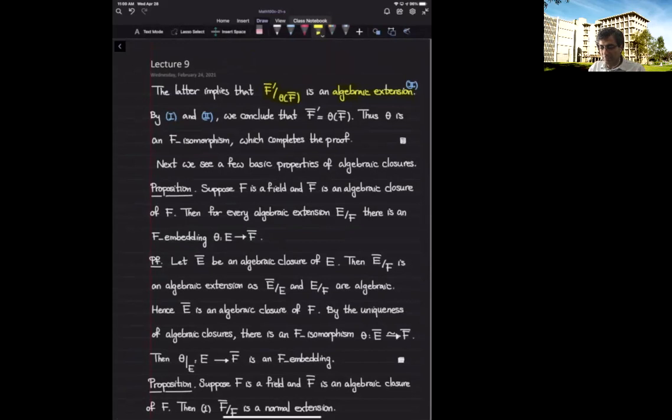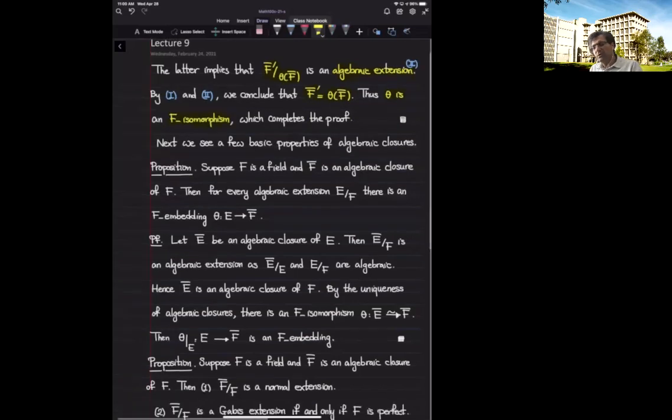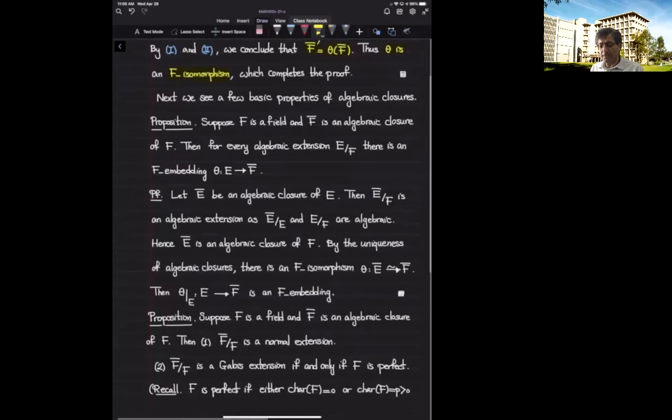That means F bar prime is equal to theta of F bar. So that shows theta is both embedding and surjective. So theta is an F isomorphism that completes the proof of uniqueness of algebraic closures.